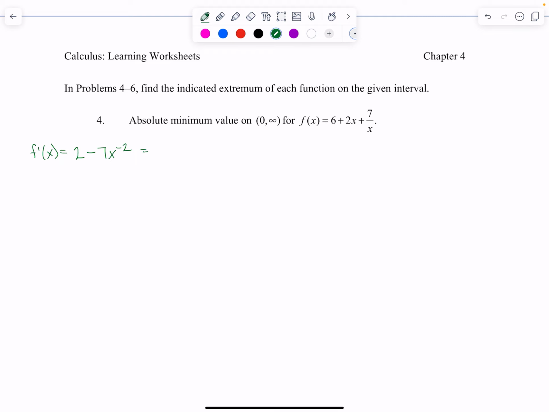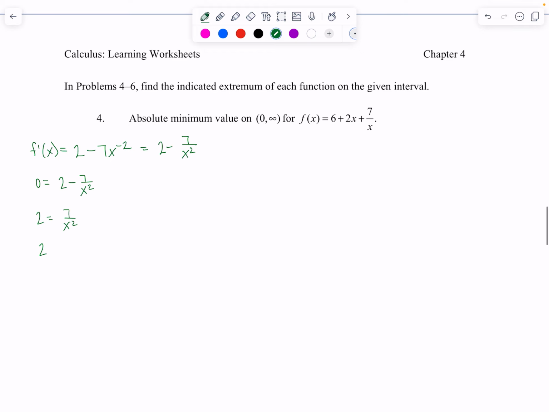And I'm going to rewrite this as 2 minus 7 over x squared, just so we don't have a negative exponent. Our critical value is when this equals 0. So we'll have 2 equals 7 over x squared, 2x squared equals 7, x squared equals 7 over 2, x equals root 7 over 2, which is approximately 1.87.